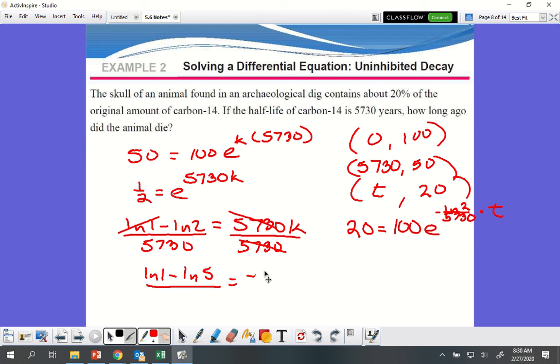So negative ln, I'm skipping some steps here, so I don't know if you guys notice that. You just divide that by ln. So that means that t should give me negative ln of 5 over ln of 2 times 5,730, and there should be a negative there also.